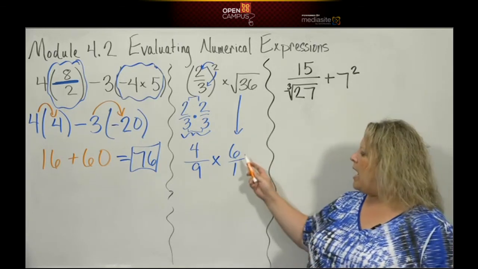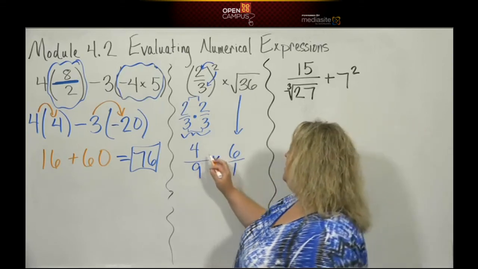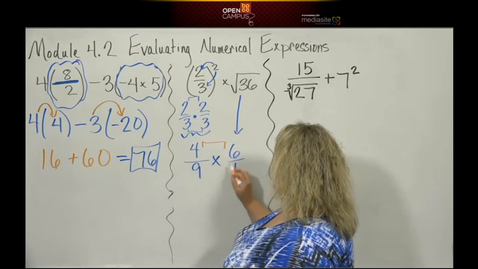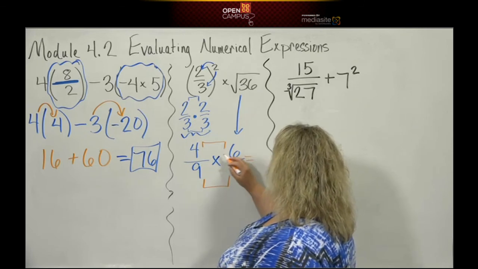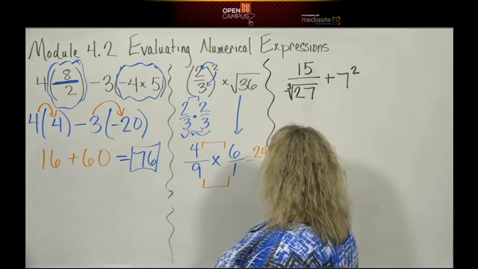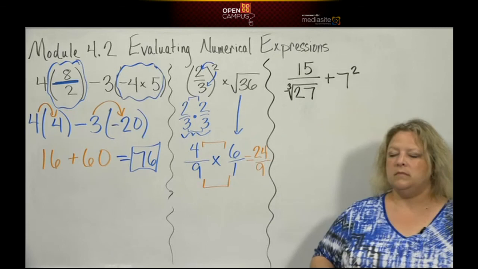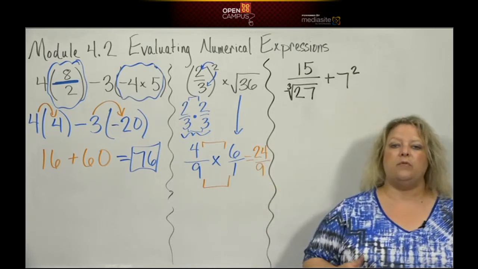So now I have fractions again. So I want to multiply. I have 4 times 6, top times top, and 9 times 1, bottom times bottom. So when I multiply those across, I get 4 times 6 is 24. 9 times 1 is 9. Now remember something that I always harp on. If you can reduce it, reduce it.